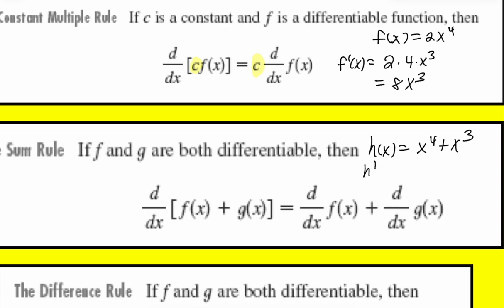So the derivative of that addition, don't worry about it. Do the derivative of each individual piece. So that's going to be 4x cubed plus 3x squared. Look what happened. For our x to the fourth piece, power dropped down in front, power went down by 1, 4x cubed. For the x cubed piece, the 3 dropped down in front, the power went down by 1, x squared.